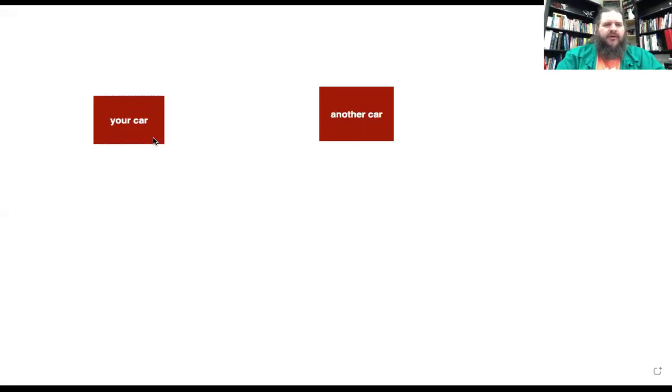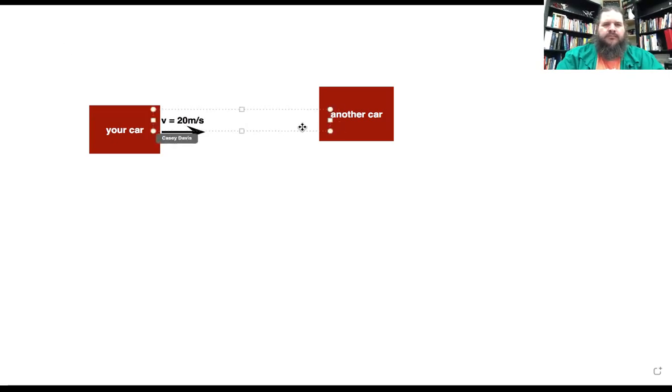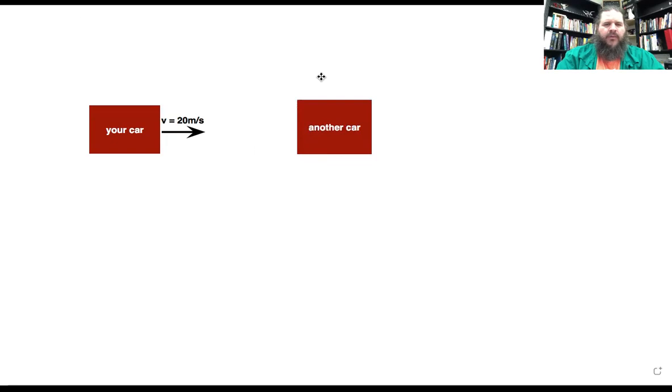And let's say you're driving along at a known speed, let's say 20 meters per second, and the other car is also driving away from you at maybe 25 meters per second.